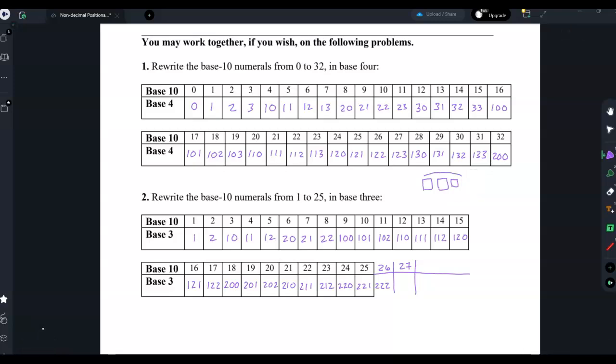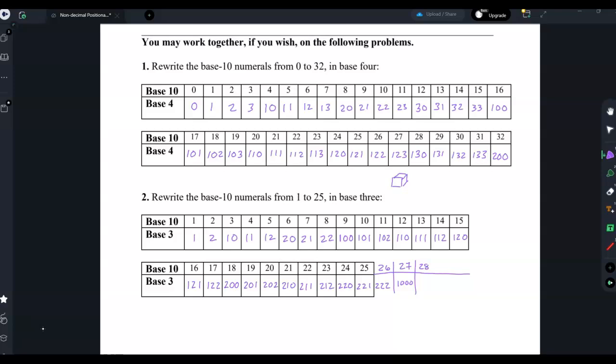And these 3 flats, again, since we're in base 3, anytime we get a group of 3, they get regrouped. So those 3 flats get regrouped as a cube. Now they're gone because they got regrouped. So now I have 1 big cube, 0 flats, 0 rods, 0 units.